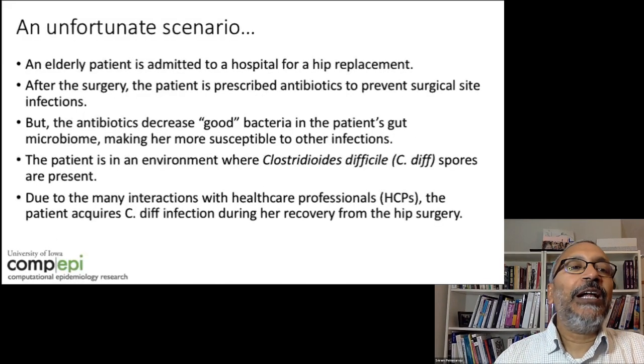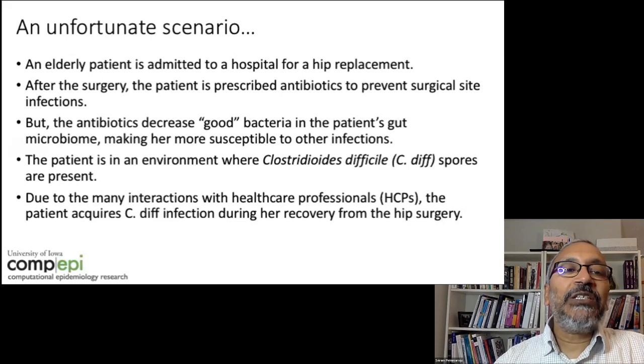Consider this rather unfortunate scenario where an elderly patient is admitted to a hospital for a hip replacement. After surgery, the patient is prescribed antibiotics, presumably to prevent surgical site infections. But antibiotics, in this case, reduce good bacteria in the patient's gut microbiome, making her susceptible to a variety of infections.